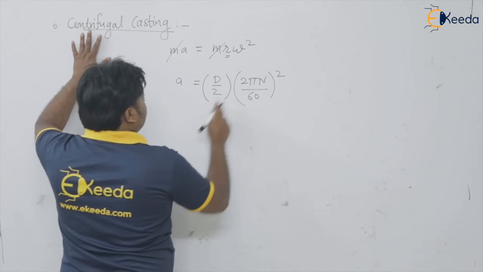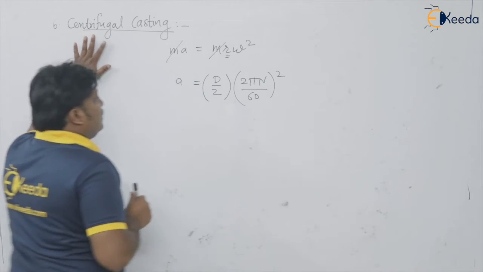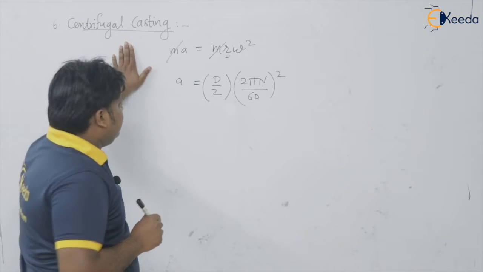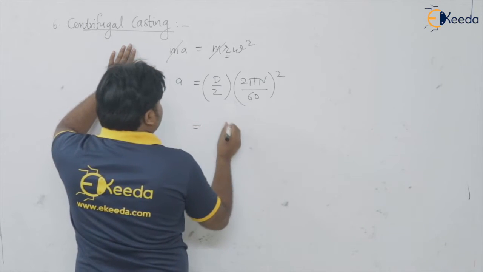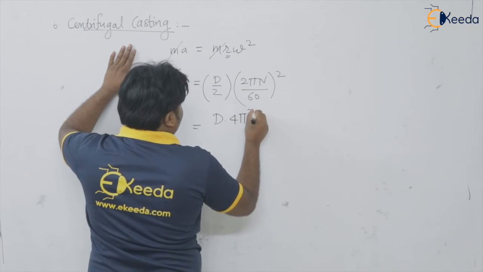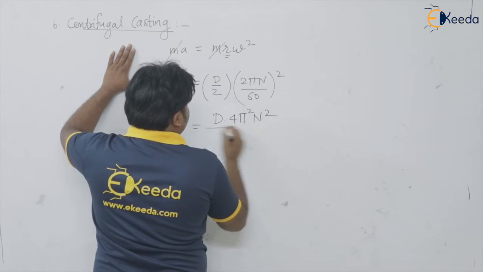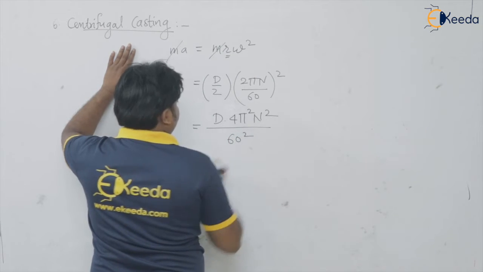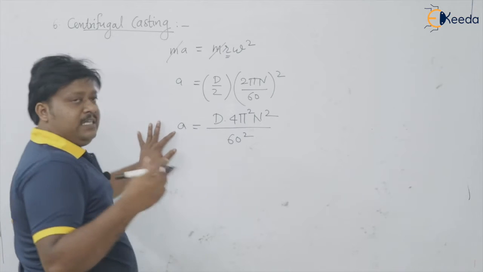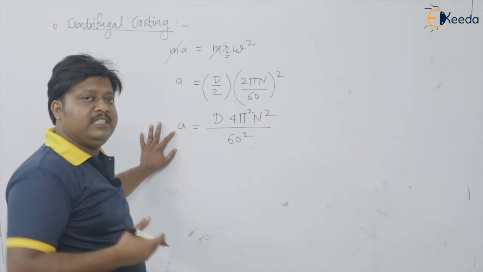Now if I want to find out the constant for the centrifugal casting technique, it is D into 4 pi square n square divided by 60 square. So how much centripetal acceleration is produced in this technique?